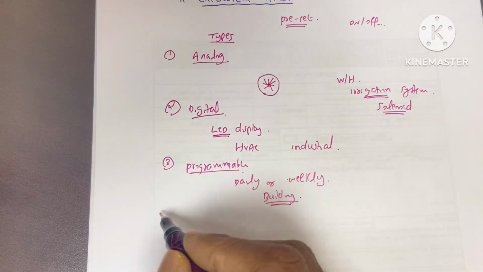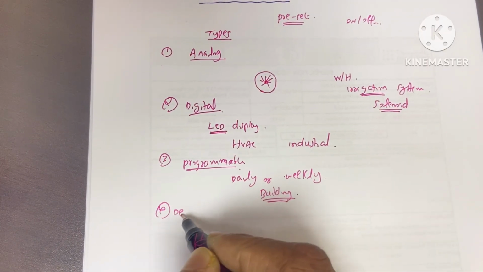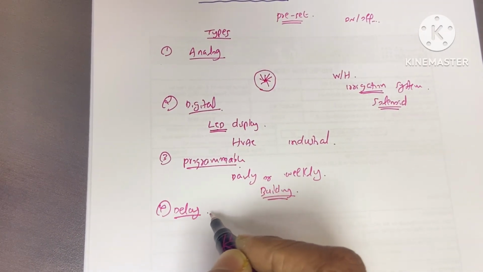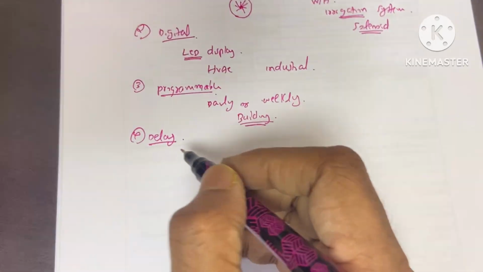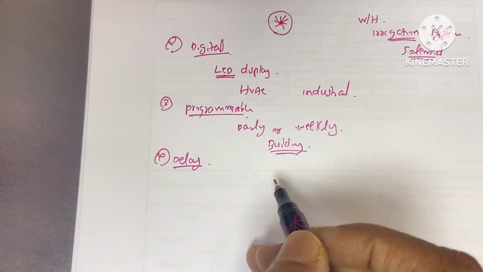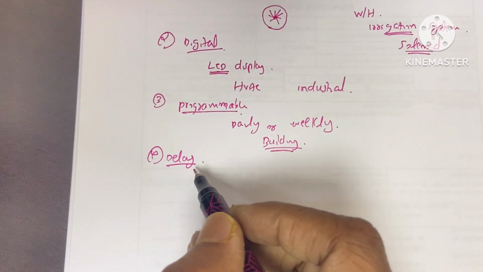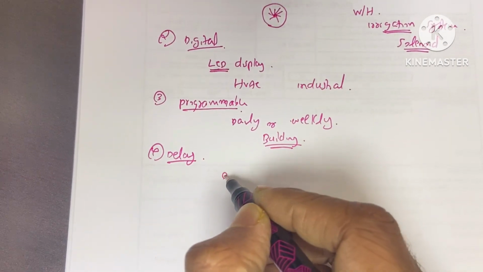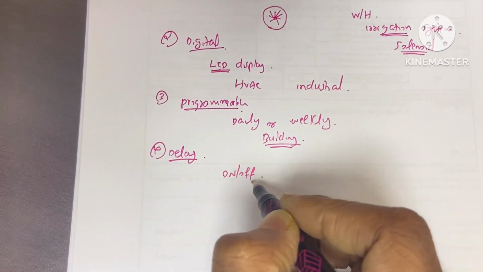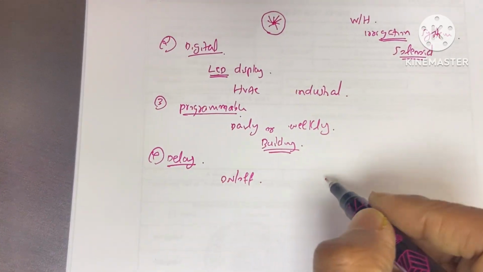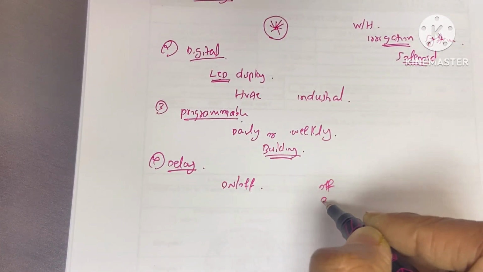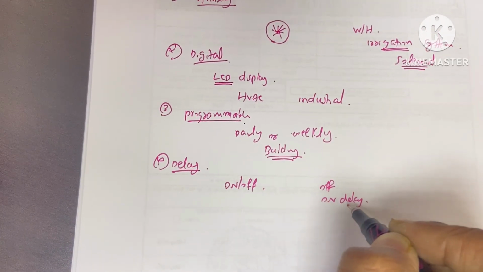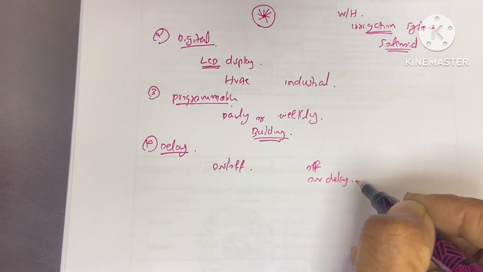The next one is the delay timer. You might have heard about this delay timer if you are working in building control systems. With the help of this delay timer, as the name indicates, we can delay the on or off of a machine. There are off delay timers and on delay timers. Just like that, many other timers are available in the market.